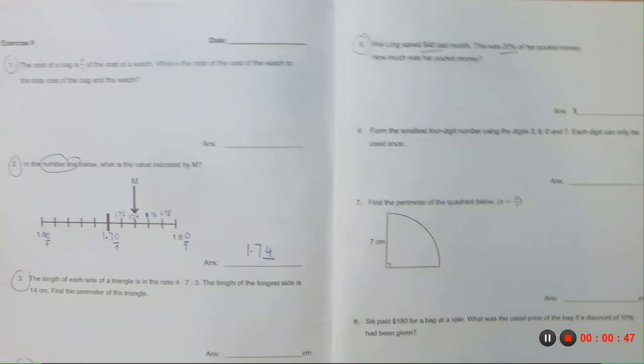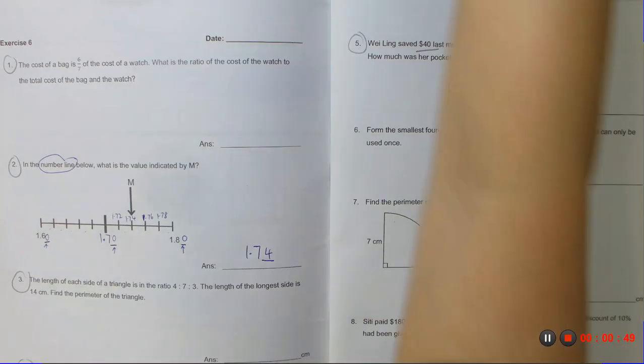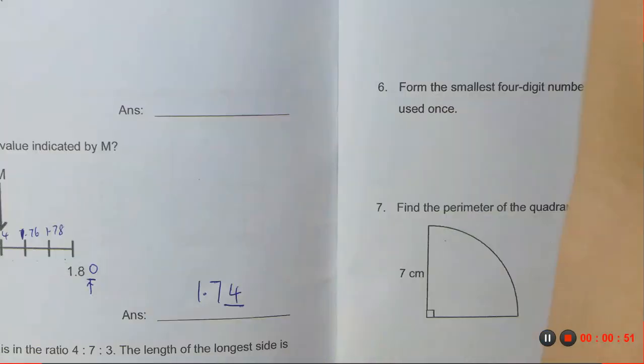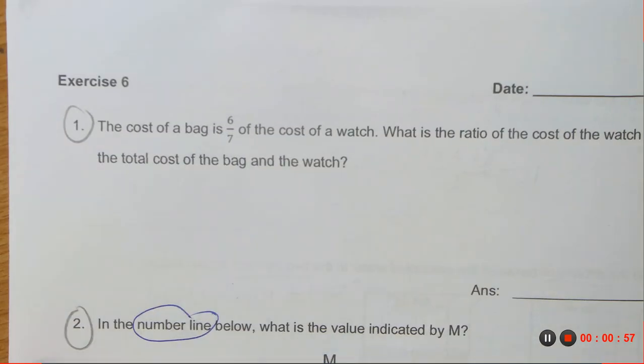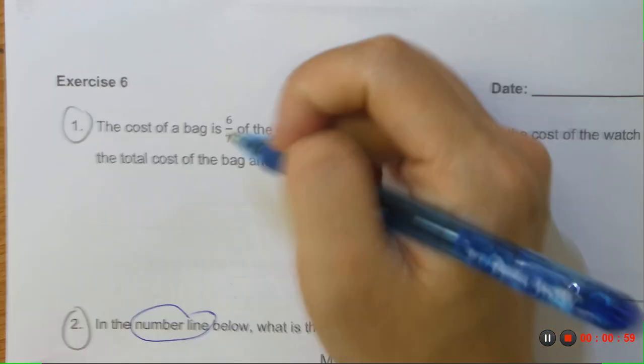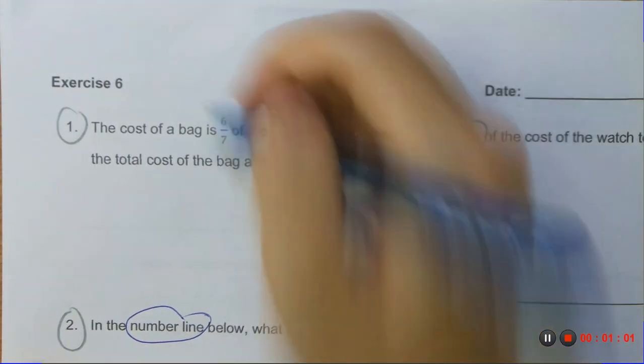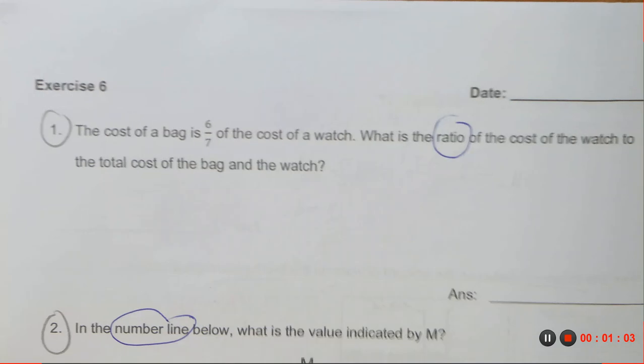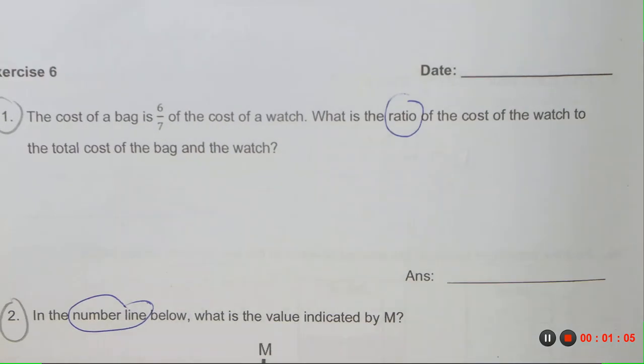Okay, and I also hope that you will remember all the little tiny tricks that I mentioned before, such as for this one, it was a fraction to ratio. For this particular question, I had a trick that I shared, if you remember.